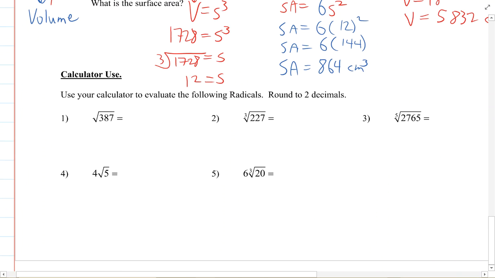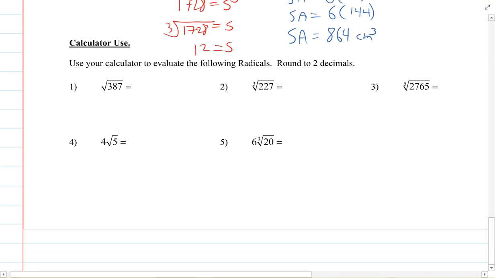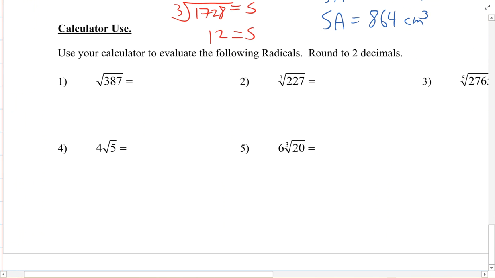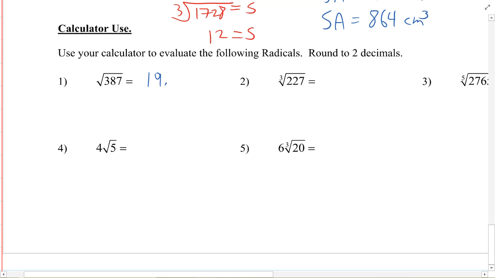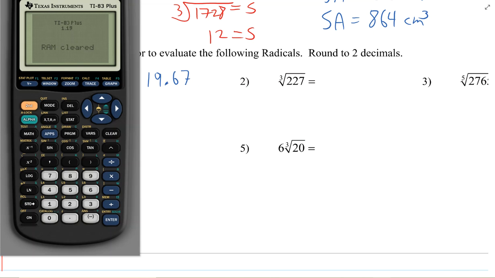Okay, calculator use. So this one you got to check on your calculator. There's 2 ways to do this on your calculator. Square root of 387. If you have an old calculator, when I press the button, I get my answer. So I go 387, press the button, I get 19.67. So make sure you try your calculator and you do that. I'll bring up my graphing calculator.